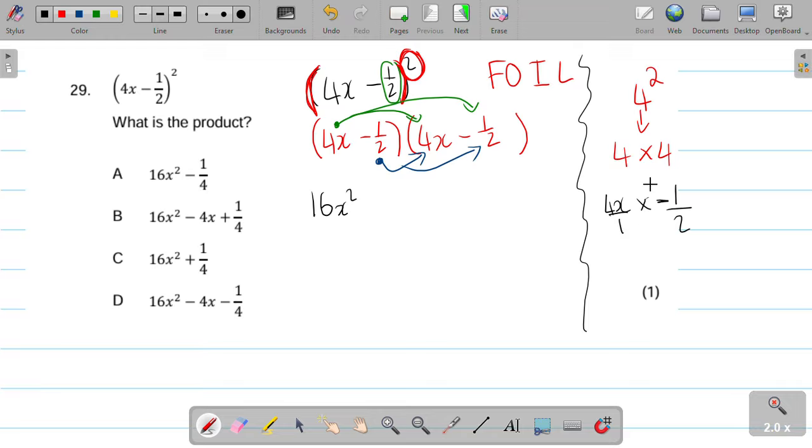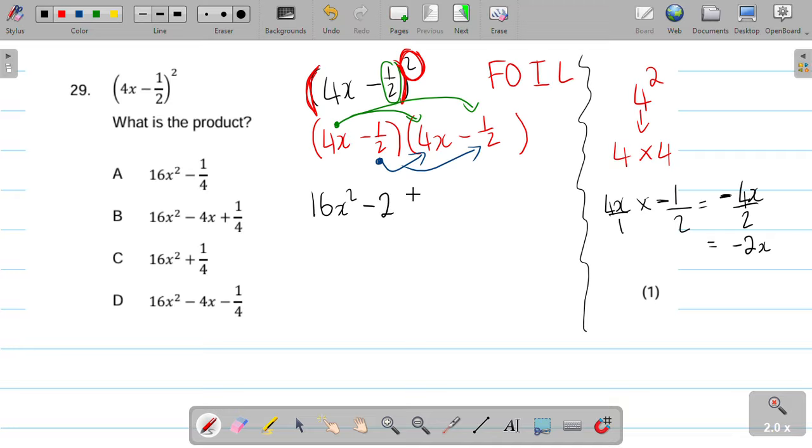Or let me not do the butterfly method. Let me do the method everyone will understand. So 4 times negative 1, we're going to end up with a negative answer. And it's negative 4. And then we must carry the x. But then 1 times 2 is 2. So this, most simplified, is negative 2x.